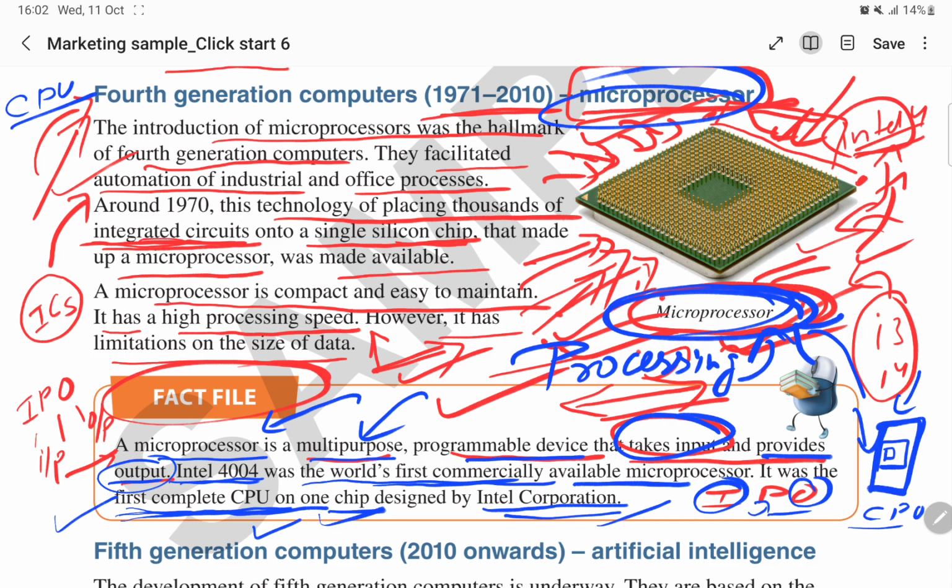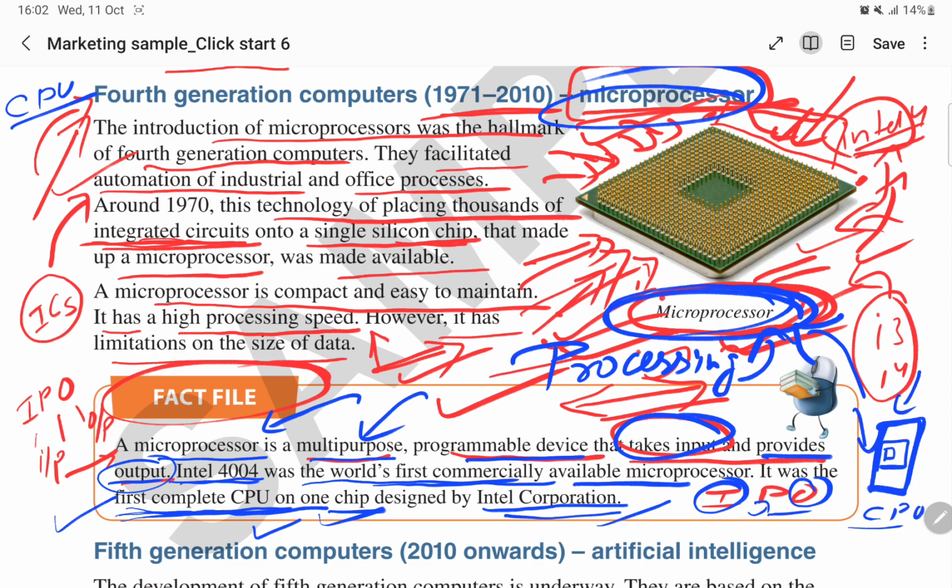Whatever we see as a microprocessor, or a CPU, the actual acting CPU is our microprocessor, and that microprocessor is set up on the motherboard, and that motherboard is fixed in the rectangular box which we call the CPU, the central processing unit.